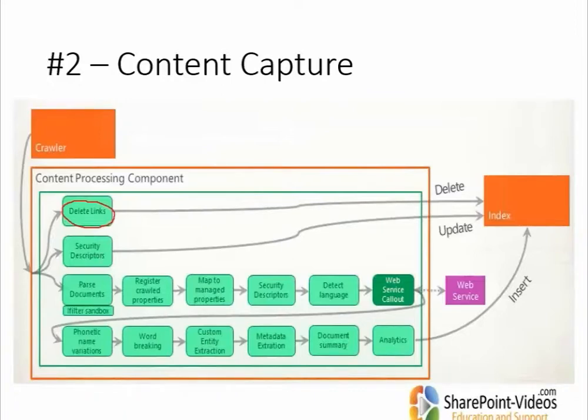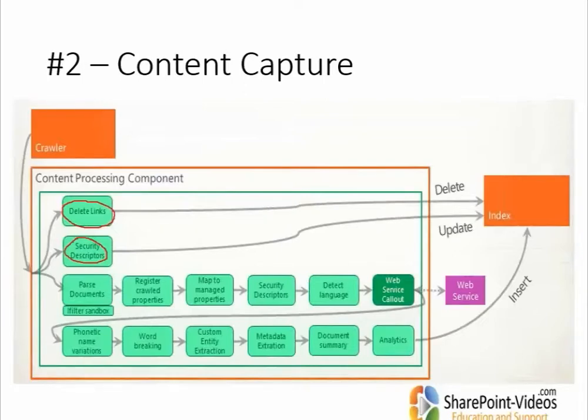So when something gets deleted, we have to remove it from the index, or at least we have to flag it with a deleted tag. The second thing that can change is the permission settings of the items. I can remove some users from the security list of this item, or I can add someone.